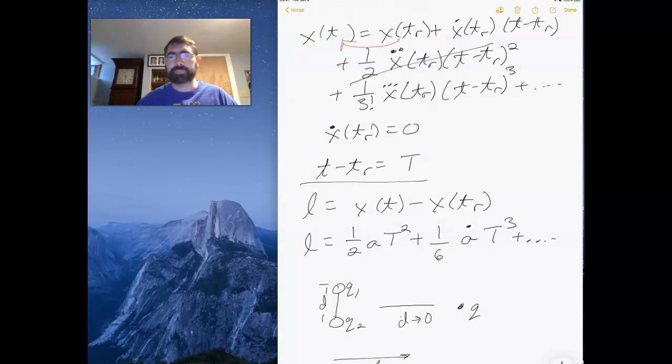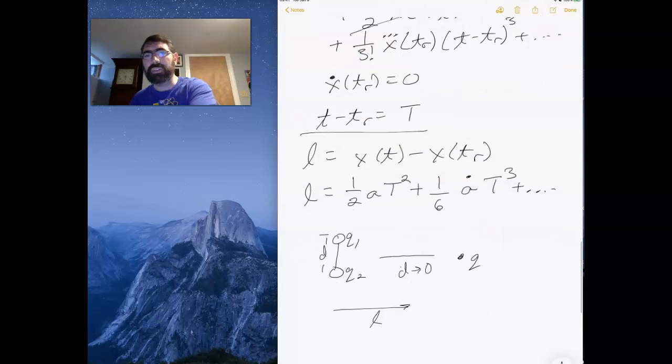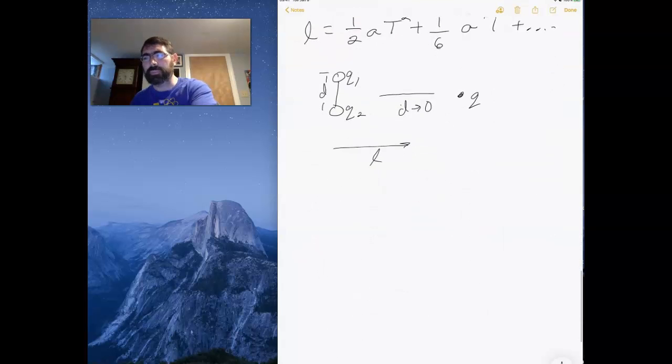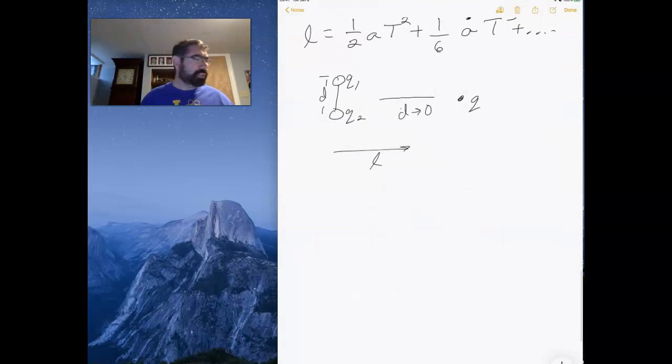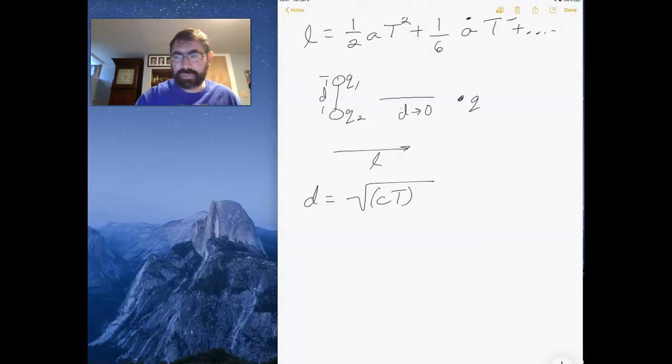When we get back to it, we now have our expression for L, this length, in terms of the time difference. Now I want to look at the distance d, which we can write out as ct squared, the distance that the information or the fields would travel, ct minus L squared.